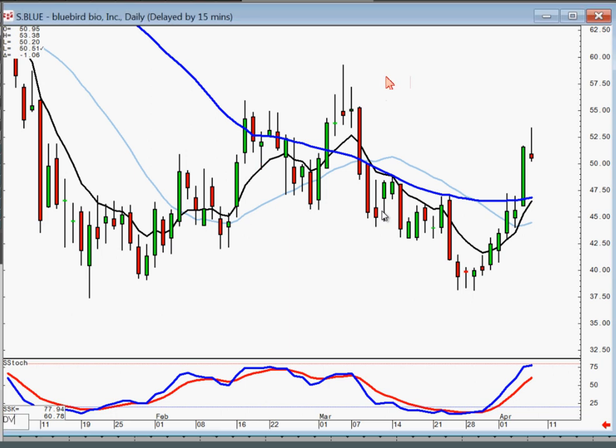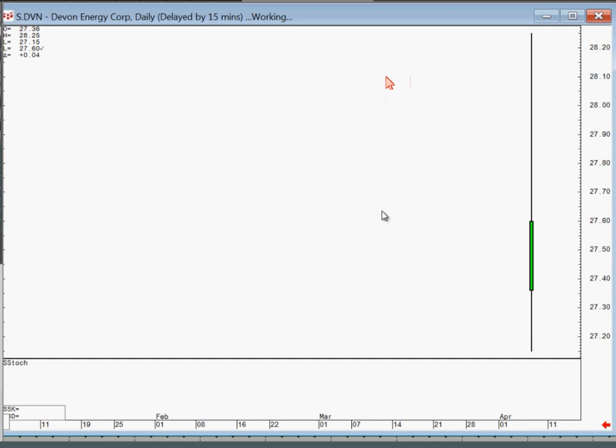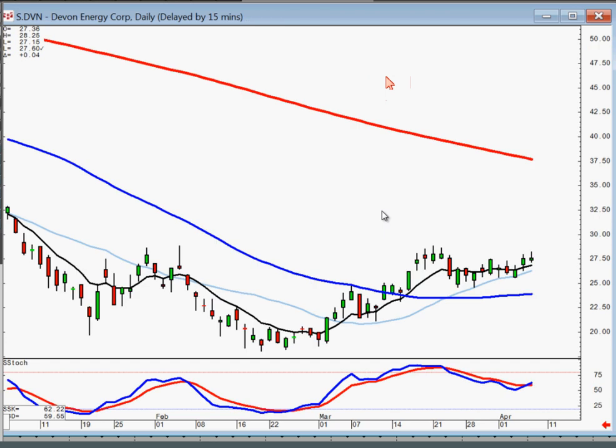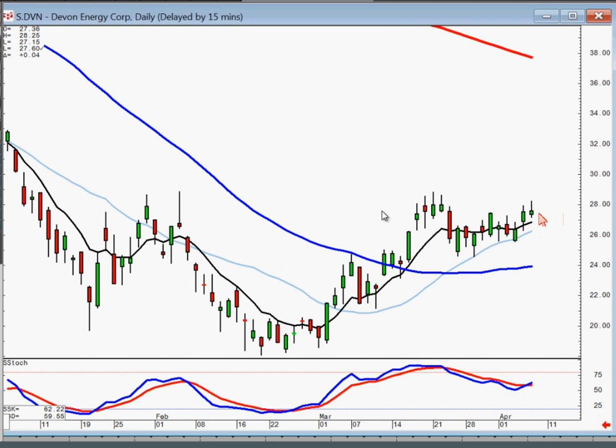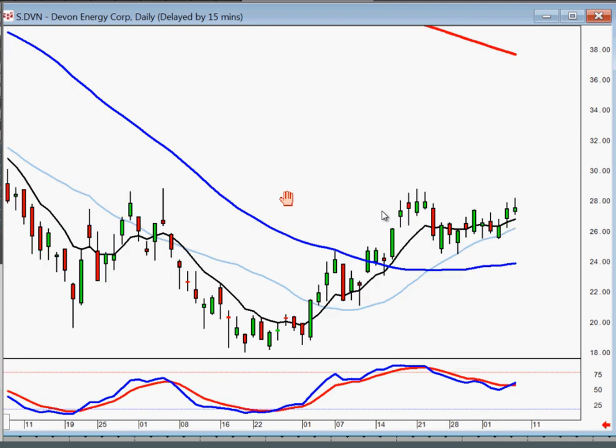Devon Oil. There's your kind of cup and handle. You can stay long if you're long. If you're buying it, I'd put a buy stop right here. If it breaks out through this level, it's telling you it's going much higher.